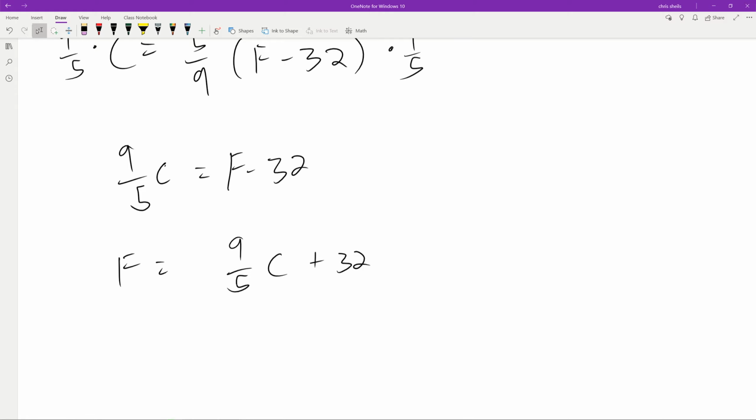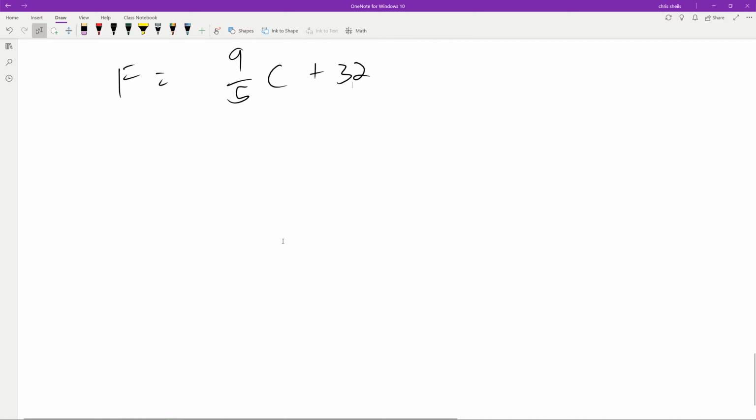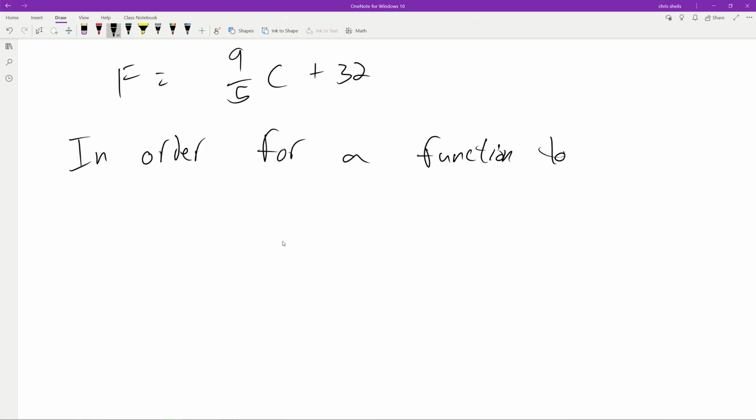It is important to note that not all functions will have an inverse. In order for a function to have an inverse, it must be 1-to-1.